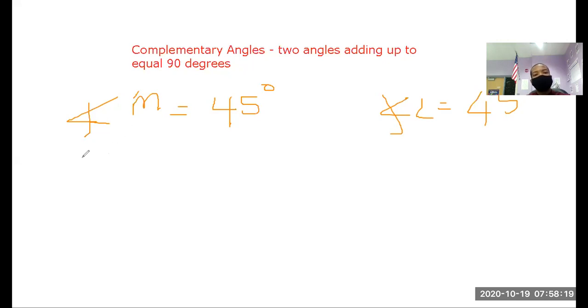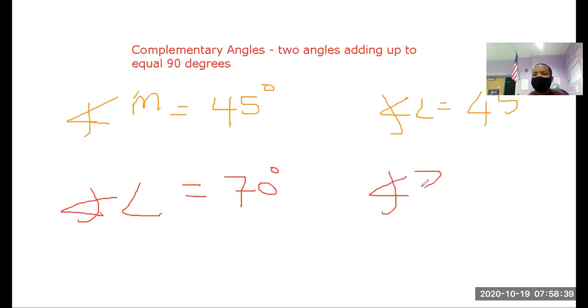Let's do another example. If there is an angle L, and that one is equal to 70 degrees, and if both angles together should equal 90 degrees, and they tell me that angle Z is complementary to angle L, then angle Z is 20 degrees.